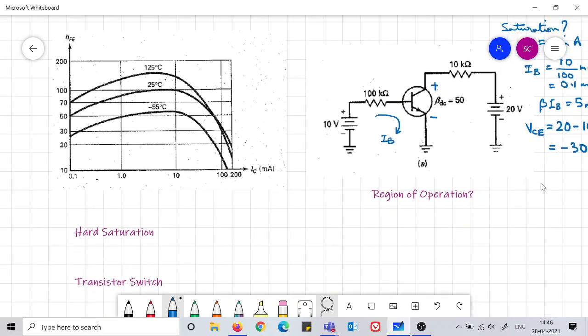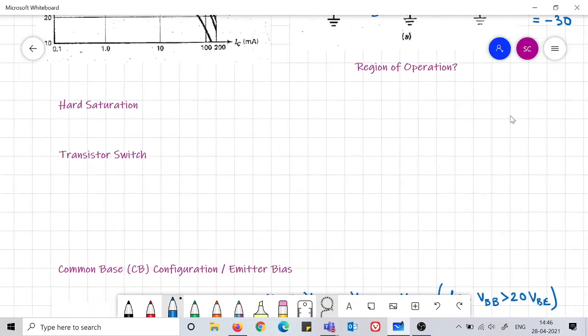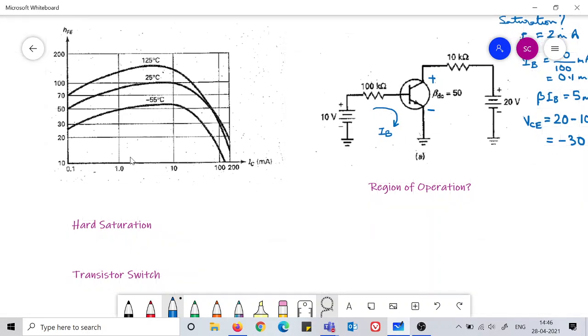Moving ahead, we just discuss one or two points remaining in the common emitter configuration. One point is that with temperature the current gain varies in nature. You see, this is hFE, which is nothing but the beta parameter. This is given in the data sheet as hFE.